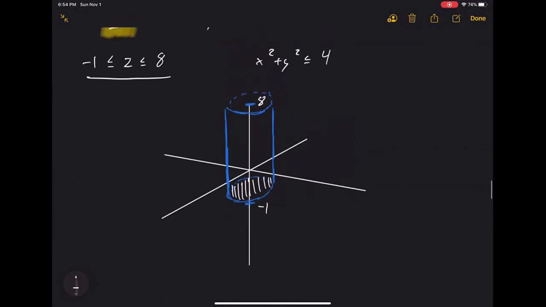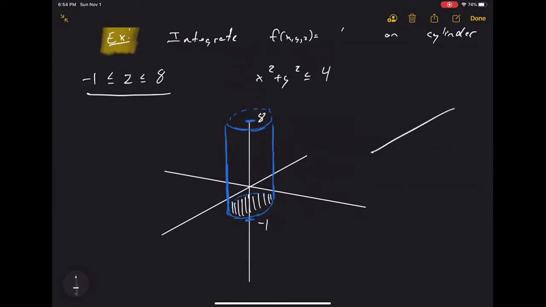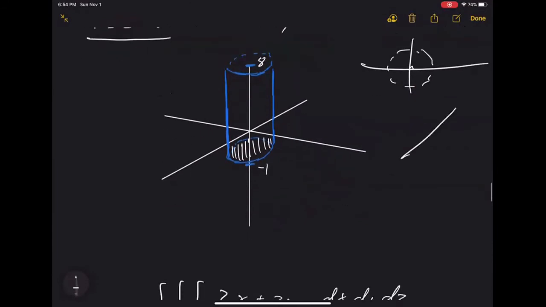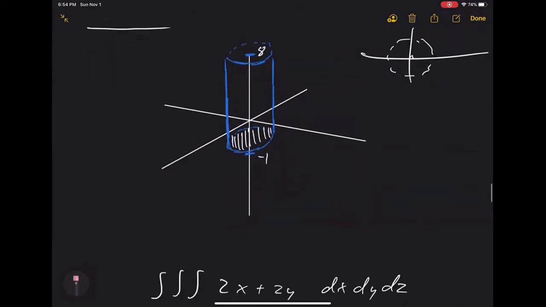Similar to how in double integrals, when we were integrating in the 2D plane and had symmetry around the origin, that was a clue to use polar coordinates. Now in 3 dimensions, if I have symmetry around an axis, like the z-axis, that's a clue I should be using cylindrical coordinates.